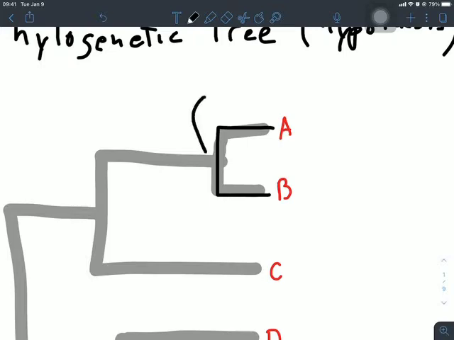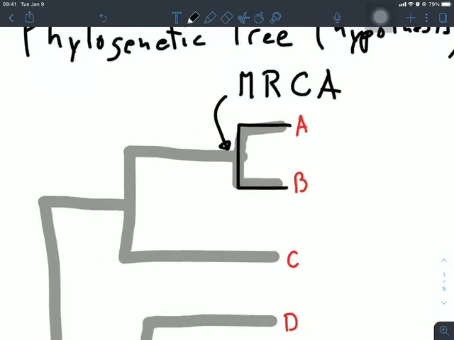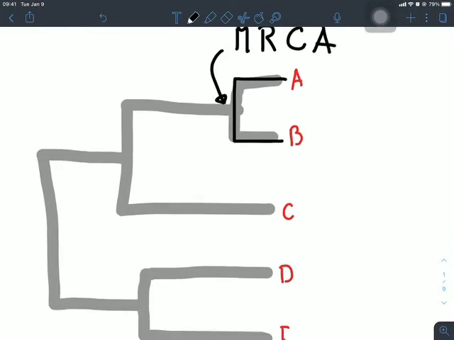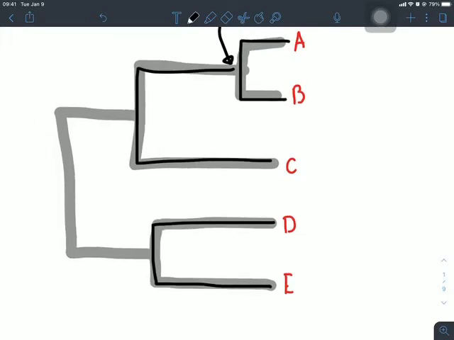This means that they share a most recent common ancestor, MRCA. Now, when you look further back in the history of this tree, we see that A and B share a common ancestor with C, and that D and E share a common ancestor with each other before any of them intersect with A, B, and C.